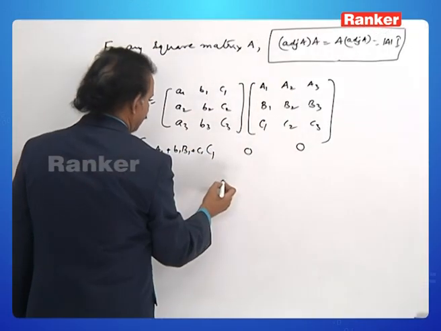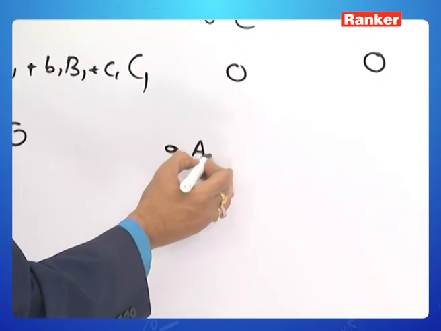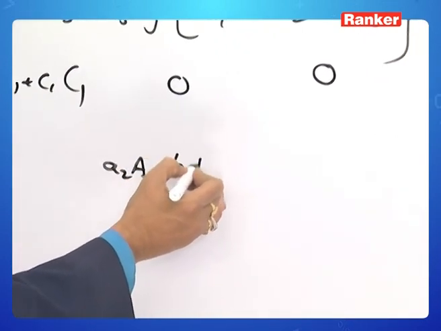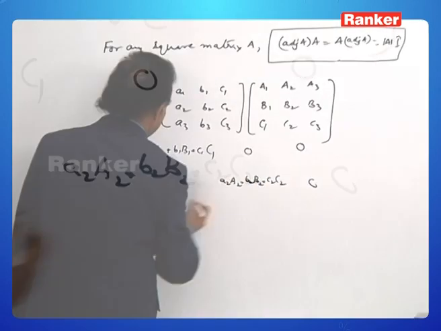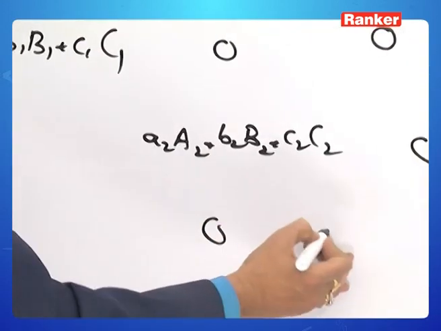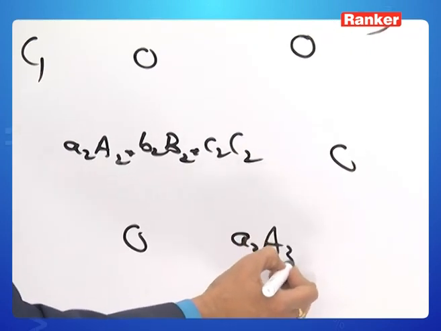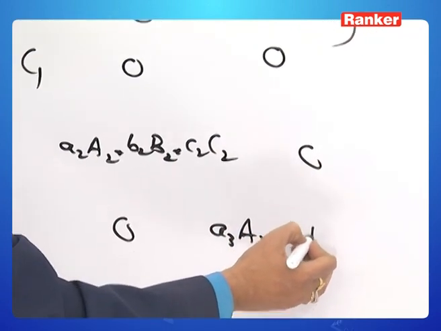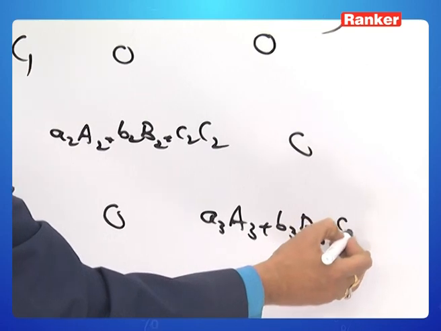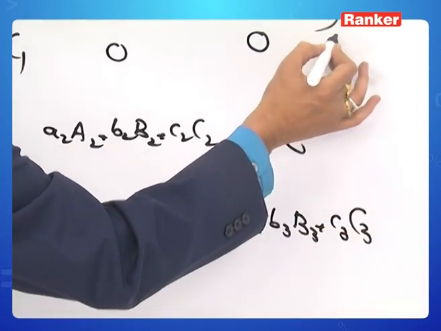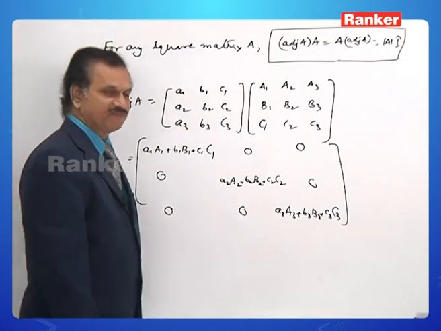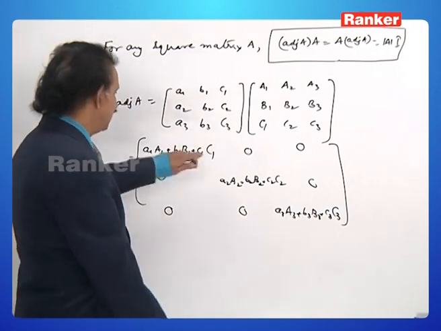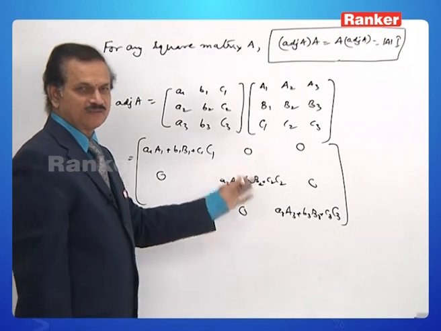Second row, second column: A2 A2 plus B2 B2 plus C2 C2, and 0, 0, 0, A3 A3 plus B3 B3 plus C3 C3. According to our knowledge of properties of cofactors, this is det A and the remaining are zeros.